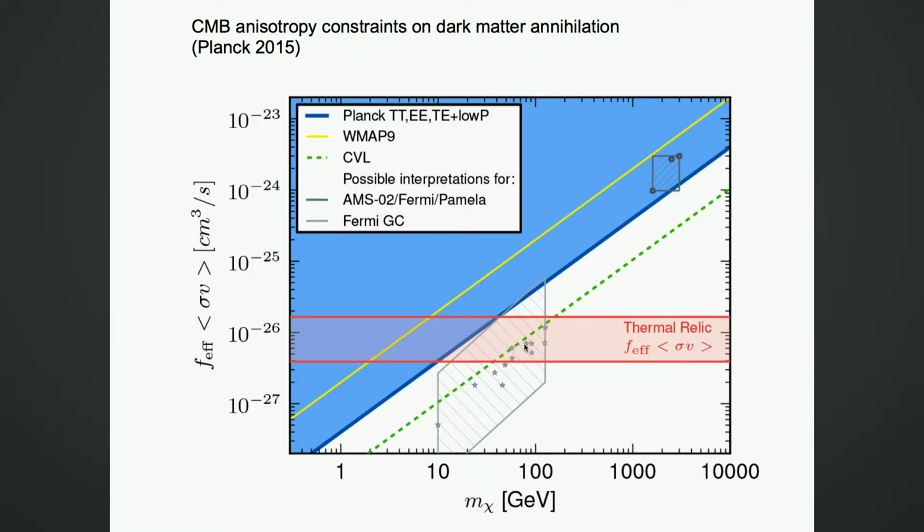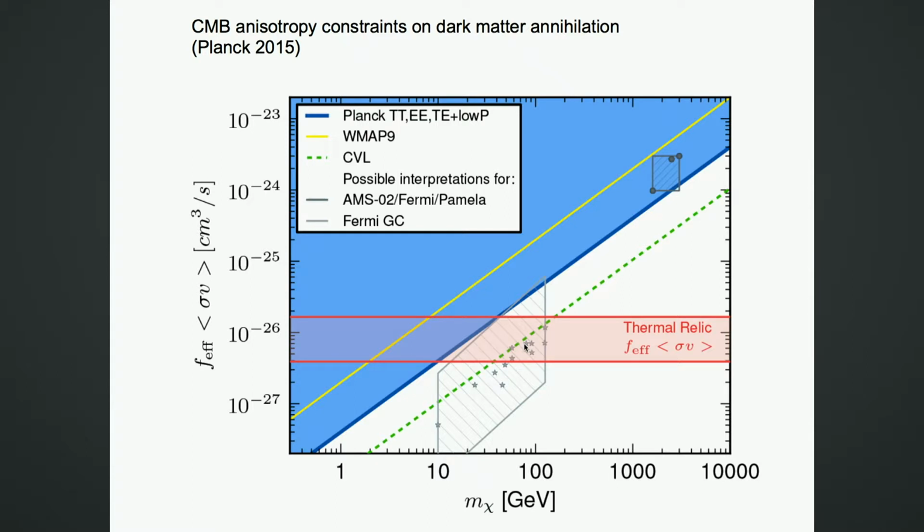So this plot is the constraint, the recent constraint from the Planck collaboration, measuring CMB anisotropies. And they're putting a constraint in this plot on the annihilation of massive dark matter particles. Okay? So if indeed we have dark matter particles, and they are non-relativistic particles, then they would be annihilating today as they have been annihilating in the early universe.